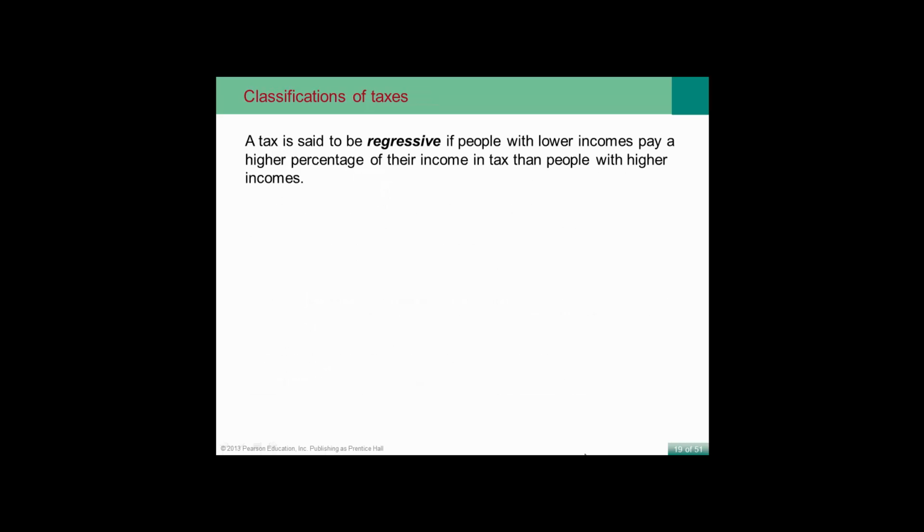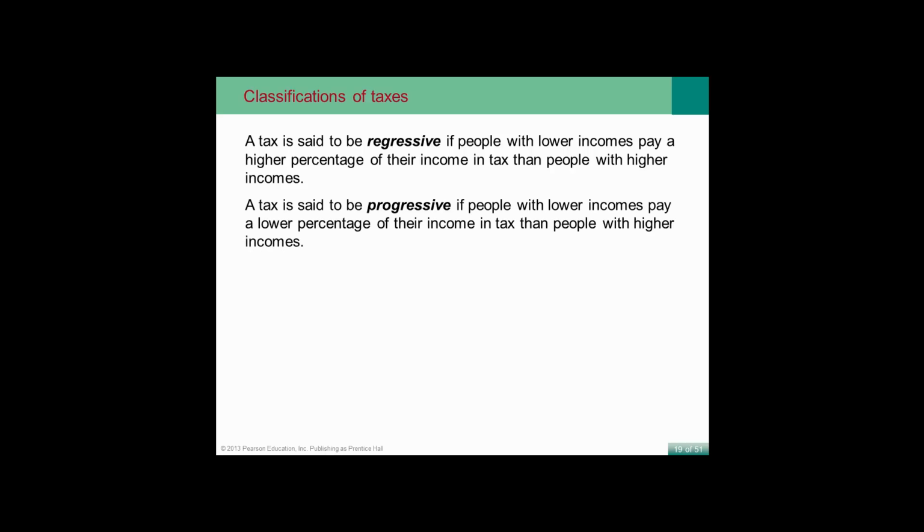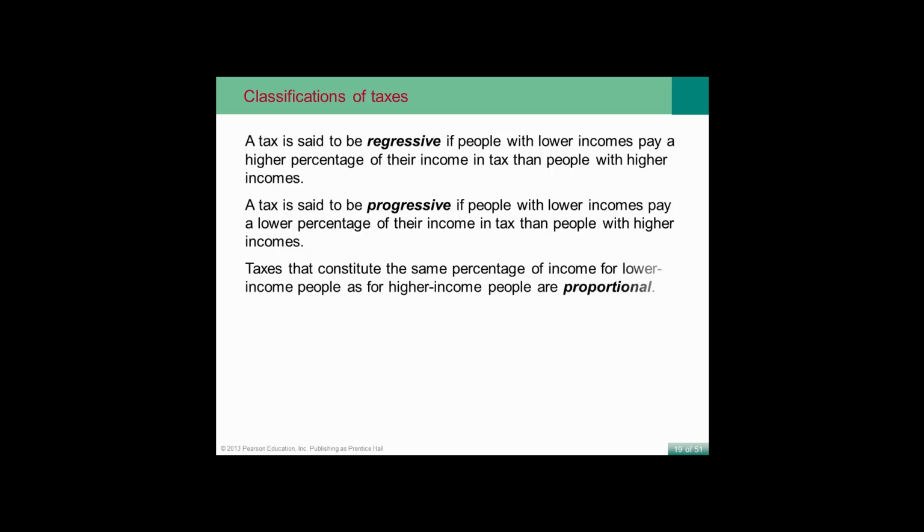A tax is said to be regressive if people with lower incomes pay a higher percentage of their income in tax than people with higher incomes. Social Security is an example of a regressive tax. With a progressive tax, the more income you make, the higher percentage you pay, and our federal income tax is progressive.